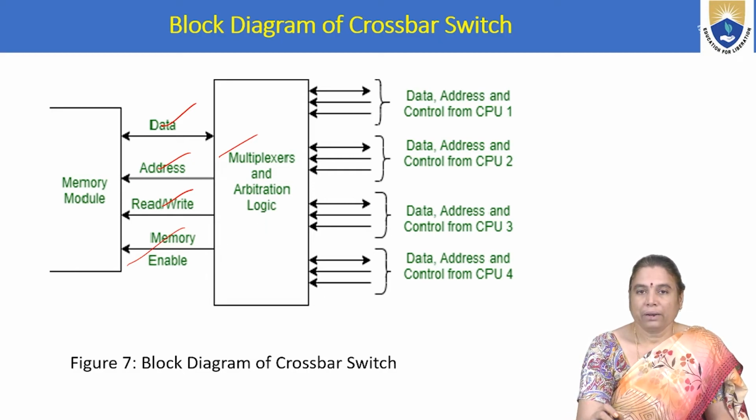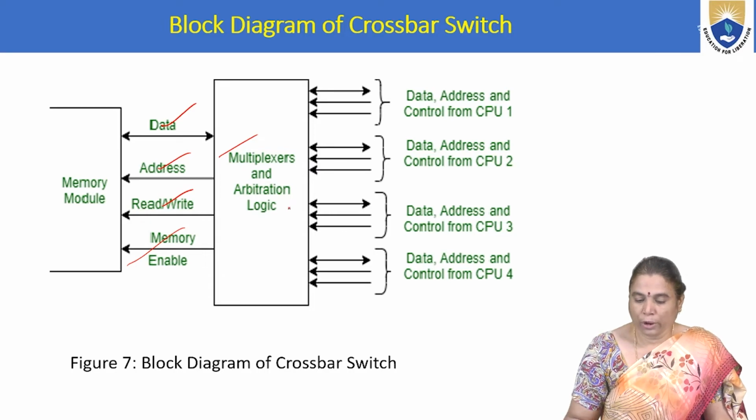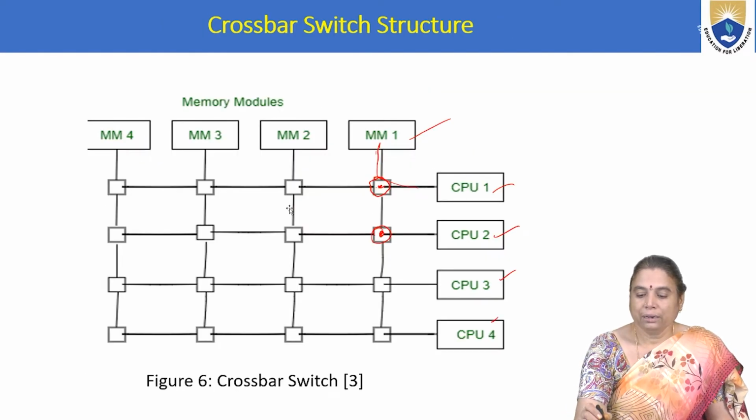Data can be traversed to and from various CPUs that are connected to perform the read operation or the write operation. So this is the switching logic that can be employed at the intersection of the memory module and each CPU communication path.